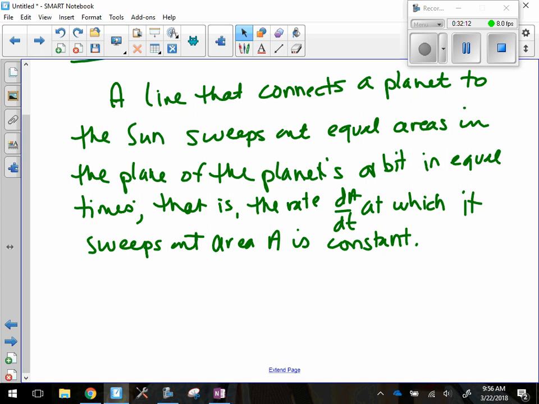A line that connects a planet to the sun sweeps out equal areas in the plane of the planet's orbit in equal times. That is, the rate dA/dt at which it sweeps out area A is constant. We'll talk in a minute how this is basically a statement of conservation of angular momentum. But you kind of got to visualize it first.